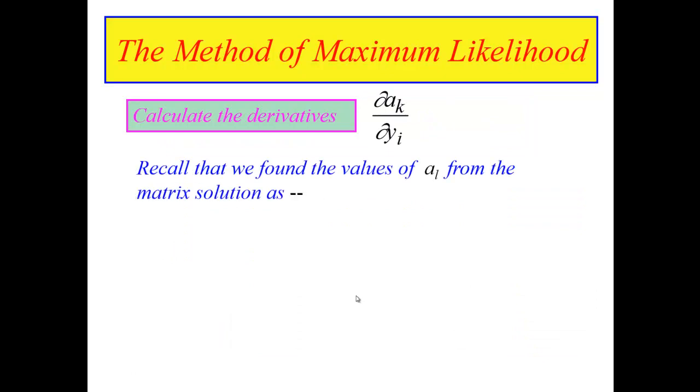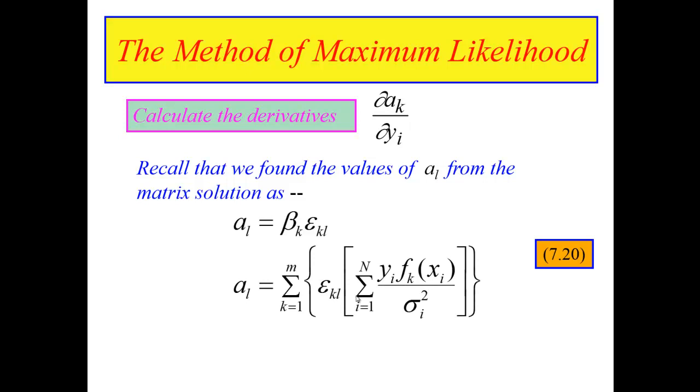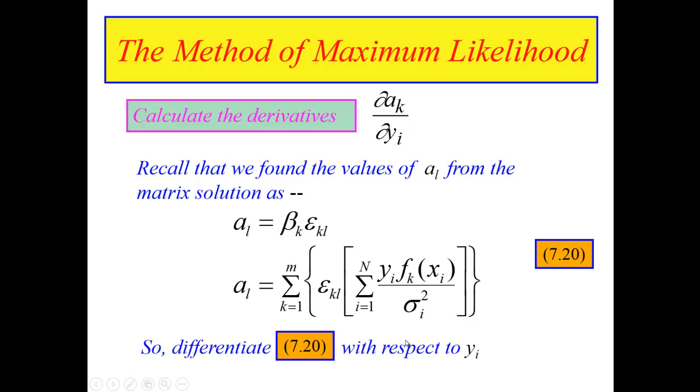So to calculate those derivatives, we just go back to the expressions that we got for the values of a sub l from our matrix solution. And here, for example, is what we had. It's equation 7.20 in the textbook for a sub l. It was the sum that included the epsilon terms in that inverse matrix multiplied by this quantity here.